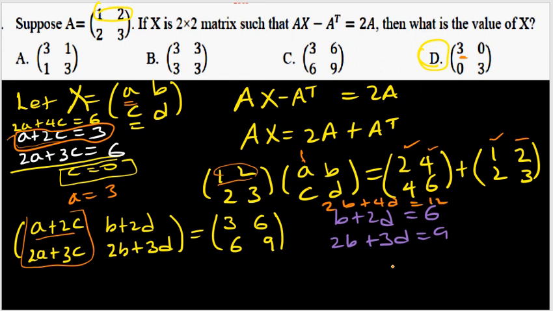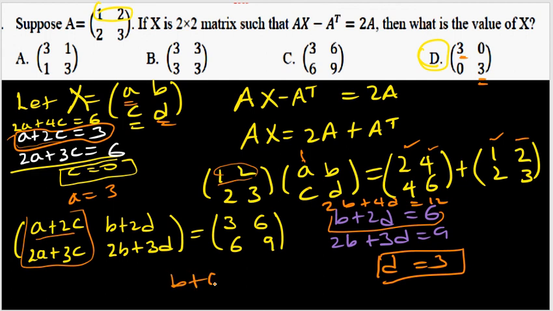And then subtract, d is equal to 3. The d means the last entry here. It is 3, correct. Still D is the correct answer. Once you have d equal to 3, substitute into the first equation: 3 times 2 is 6, so b plus 6 is equal to 6, meaning b must be equal to 0. That's correct. The b place is here. So the answer is D.